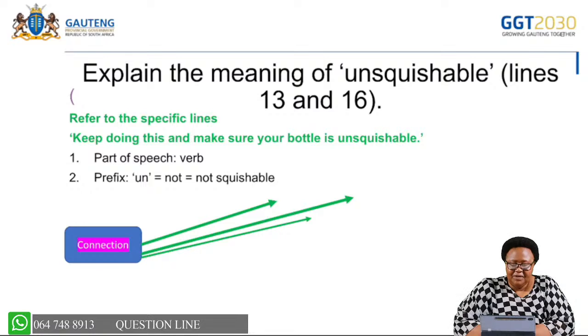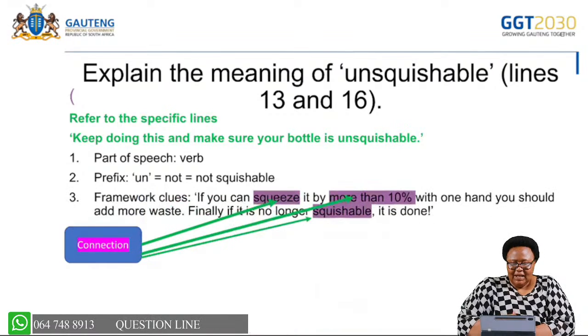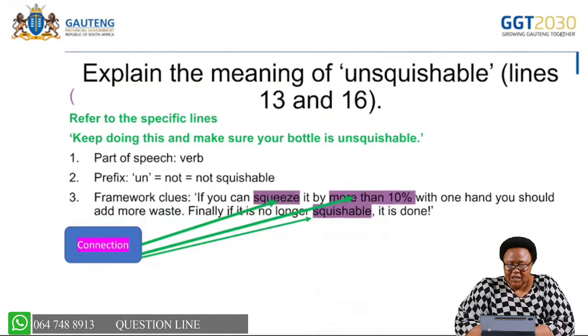This word has a prefix, un, which means not squishable. Right. And then framework clues now. You look at the sentence as a whole. If you can squeeze, that's a connection here. If you can squeeze it by more than 10% with one hand, you should add more waste.